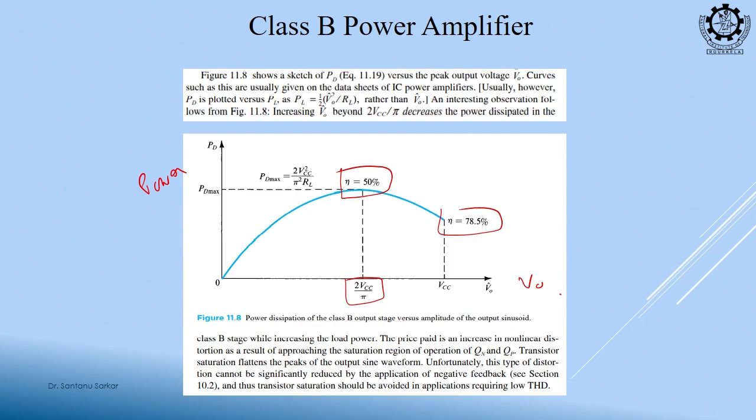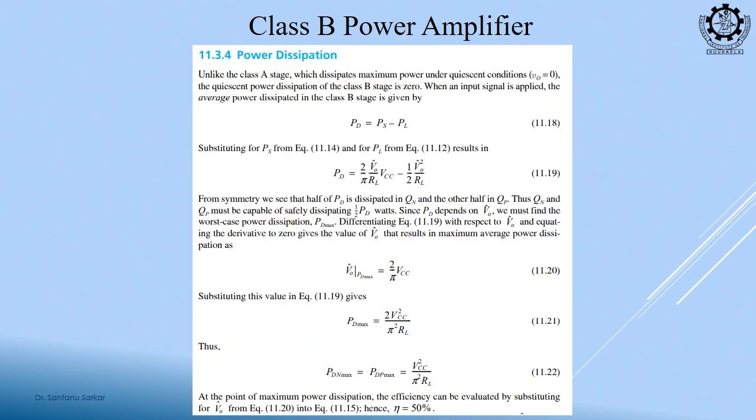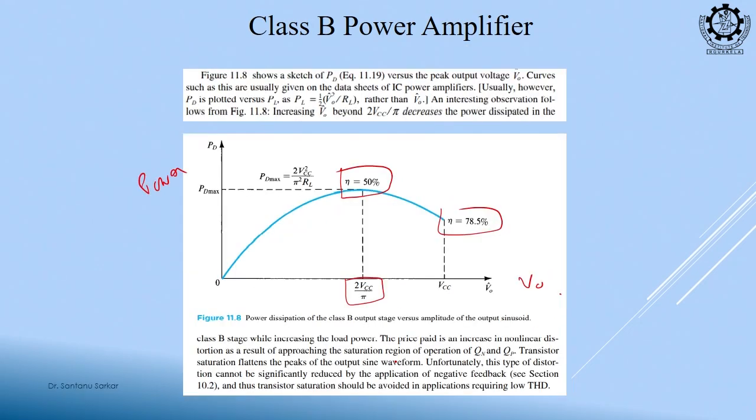Okay, so that is the calculation. If we want to find where the power dissipation will be maximum, that is when the output V0 is twice VCC by pi, but where the efficiency will be maximum, that is V0 equal to VCC.